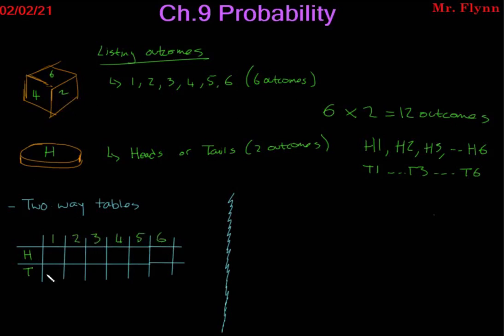Now into all of these boxes, you're simply filling in the combined row and column for the answer. So if I get a head and a 1, a head and a 2, a head and a 3, tail and a 4, tail and a 5, tail and a 6, and so on, you'd fill them all in.